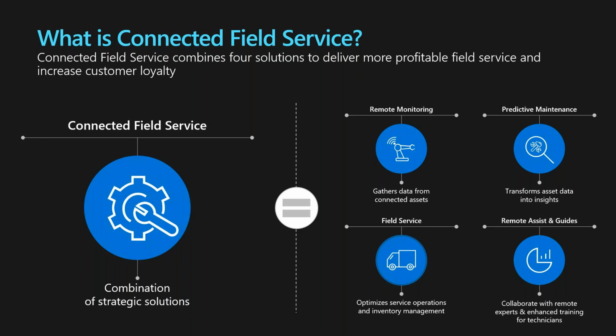We can monitor for statistics that are indicative of pending failure, and we can preempt downtime as a result. So we can get very predictive, not only in analyzing a well-structured field service business in software, but also in taking into consideration some of these new technologies like remotely managing and monitoring assets.